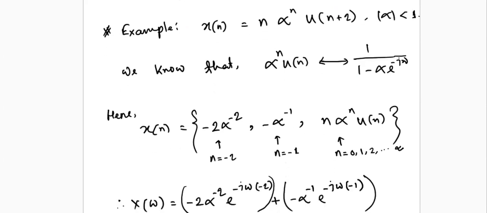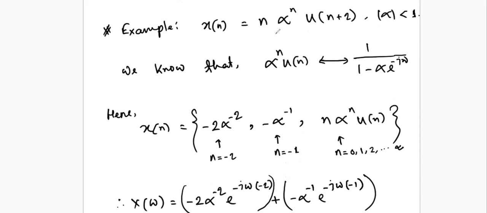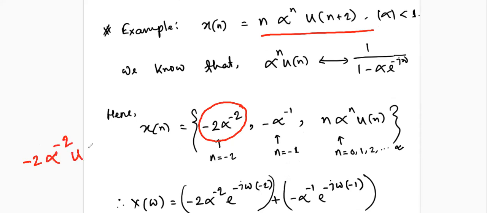Now we can elaborate this x[n] function for different samples. Let's say this is for n equals -2. At n equals -2, what will be the value? -2 alpha to the power -2, and then u[-2 plus 2], which means -2 alpha to the power -2 u[0], that is equal to 1.